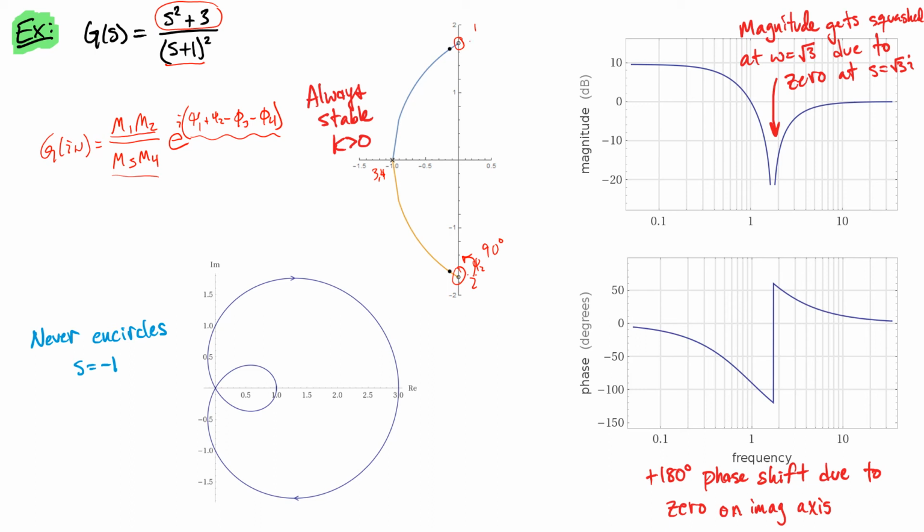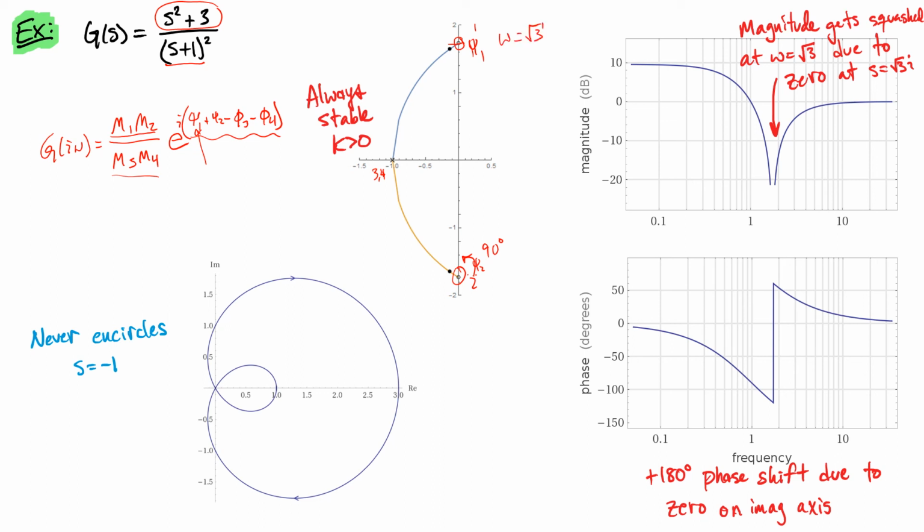So psi1 is going to be negative 90 for the first bit until we reach this zero, and then it will be positive 90. Because that appears with a positive sign, that's going to exhibit itself as a positive jump of 180 degrees. And so that's going to happen when omega is equal to square root 3.